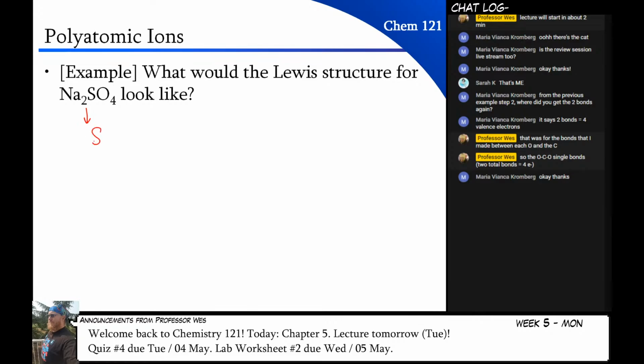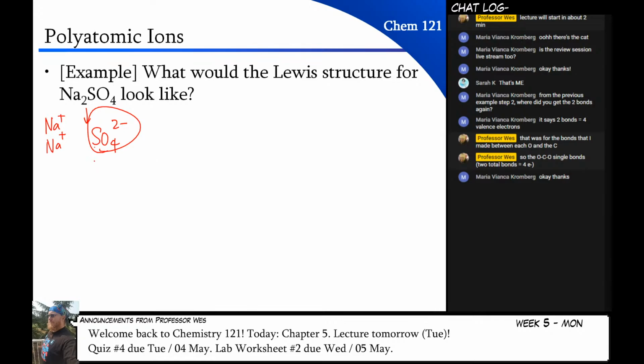So I've got this ion, and I've got these ions. This is the polyatomic ion, and now I'm going to draw the Lewis structure of that thing, just like we did in the previous section.